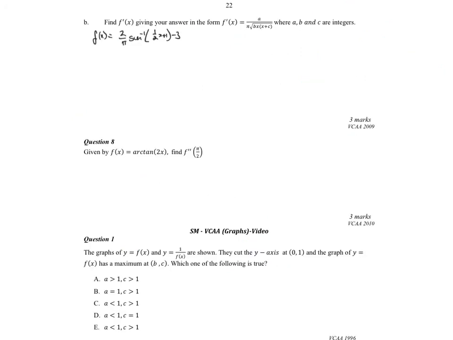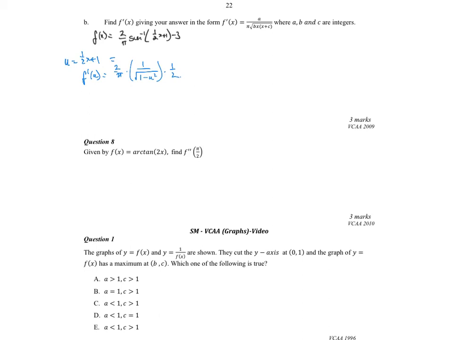Okay, given that, find f dashed of x, and simplify your answer. So let's have a look. Let u equal a half x plus 1. So then the derivative of 2 on pi sine inverse of u, so f dashed of u, is equal to 2 on pi times 1 over the square root of 1 minus u squared, and du dx is equal to a half.